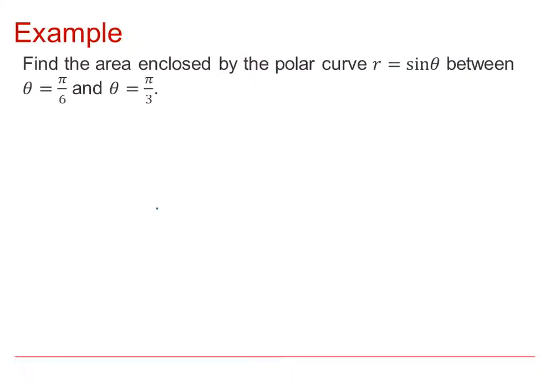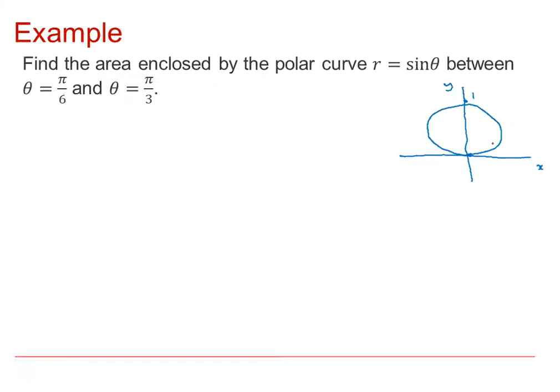So here we're going to find the area enclosed by the polar curve r equals sine theta between pi by 6 and pi by 3. It may be useful to do a quick sketch, particularly if you're not too familiar with some of these polar curves. When theta is 0, r is 0. When theta is pi by 2, the distance r is 1, and when theta is pi, r is 0 again, and we are in fact looking at a circle.